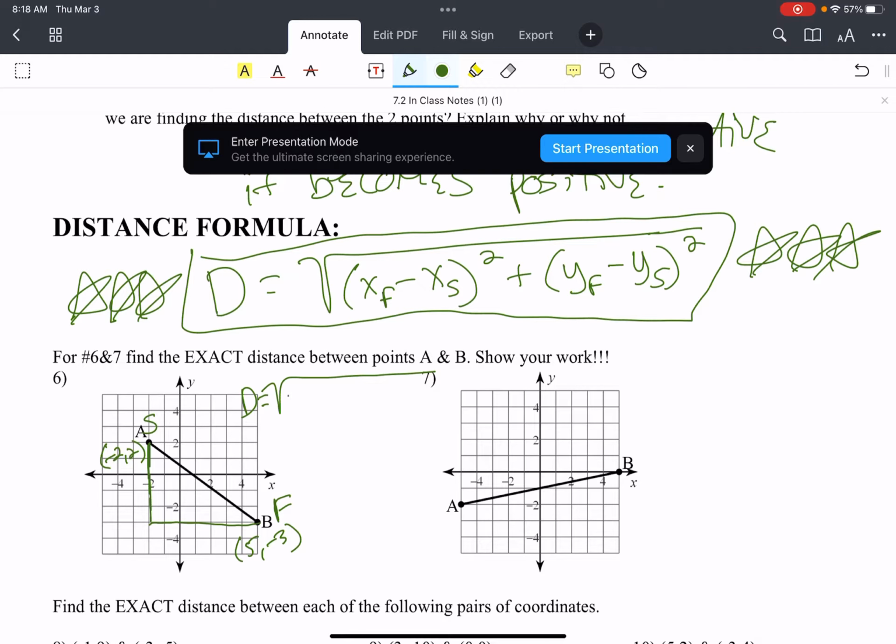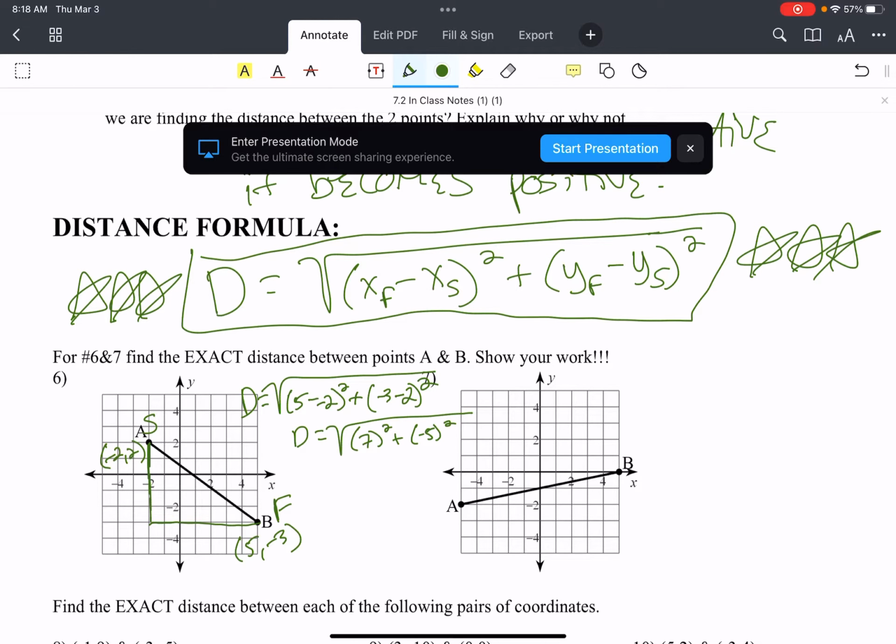So x finish minus x start squared plus y finish minus y start squared. Am I going too fast? You doing okay? Yeah?